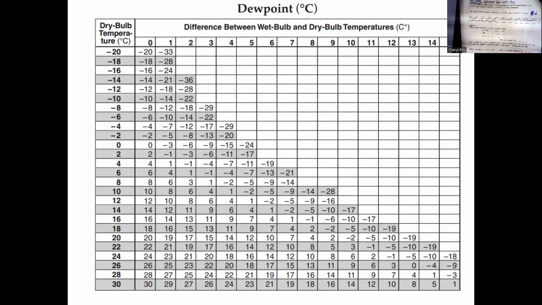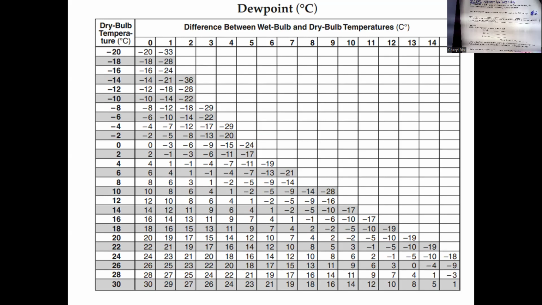Just like the multiplication table, there is a set of numbers going down the left side. This one's labeled dry bulb temperature. There's also a set of numbers going across the top. It's not the wet bulb. What is it? It's the difference. Please circle, underline, highlight, star, difference.